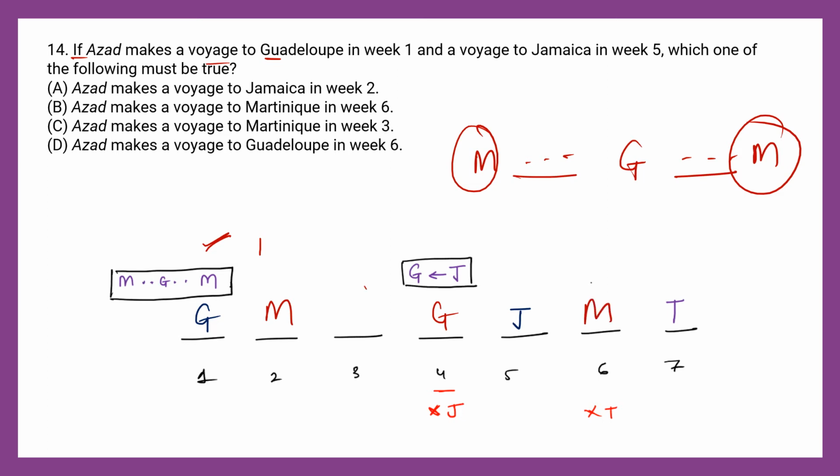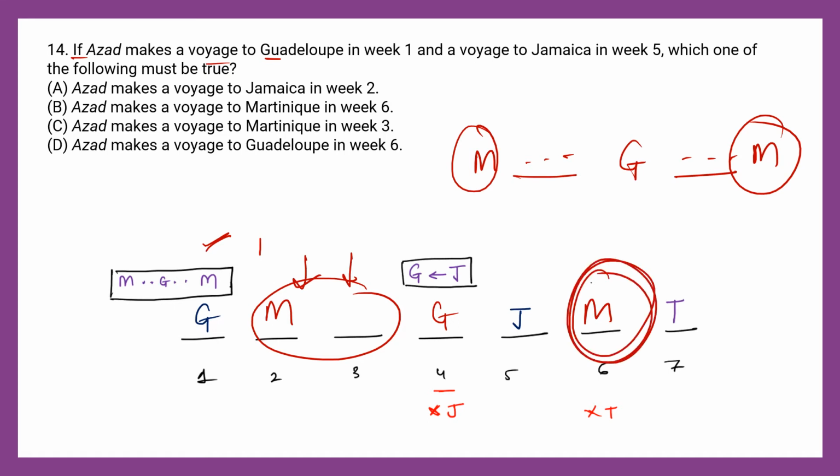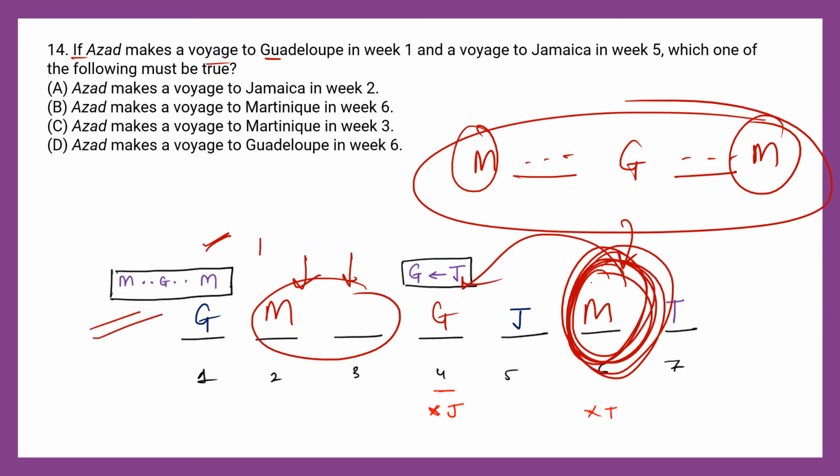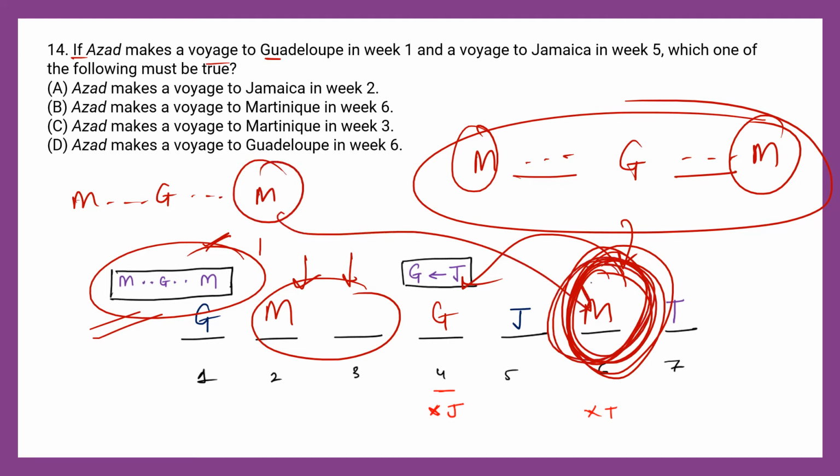So you don't know where exactly this M will be. But you know for sure that regardless of the case, you will need to have an M in the sixth position. Because when you have an M in the sixth position, that is when you can have this M, G, M criterion fulfilled. So it's quite clear that the answer to question number 14 is B, because it says M in week 6.